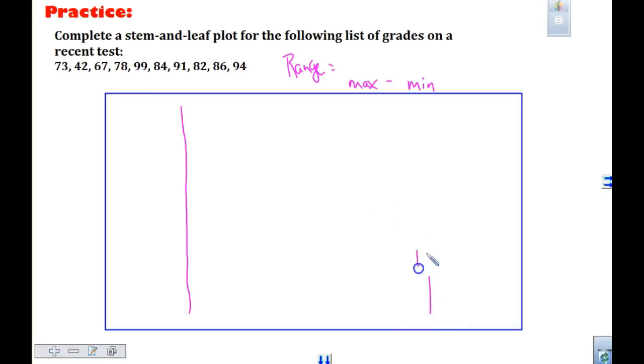The other thing you need is a key. So you need to be able to tell me the two numbers on one side of your stem and then your leaf, and what does that equal? So if you were looking at this data, what would you say our stem is going to be? Looking at our numbers from 73, 42, 67, Ryan, what would you say our stem would be? What place value would you go with?